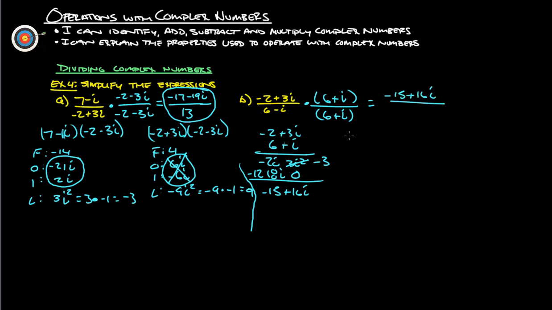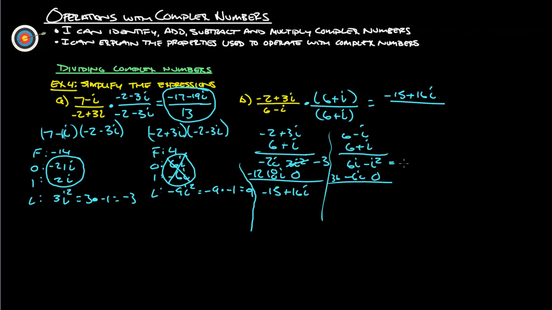And in the denominator, we're going to get 6 minus i times 6 plus i. All right, i times negative i is negative i squared. i times 6 is 6i. 0 in there to hold the spot. 6 times negative i is negative 6i. 6 times 6 is 36, right?